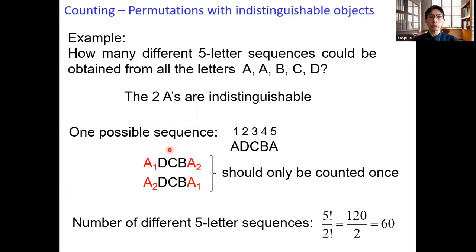So with 2 positions, we have 2 factorial ways to place the 2 A's. But these 2 A's should be counted once in any sequence. Okay, so the number of different 5-letter sequences is equal to 5 factorial over 2 factorial, which is equal to 60.